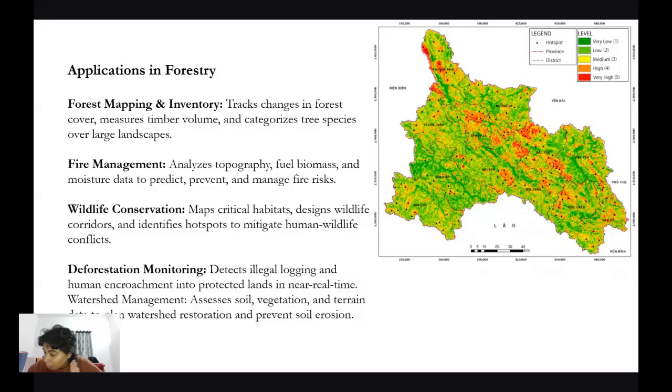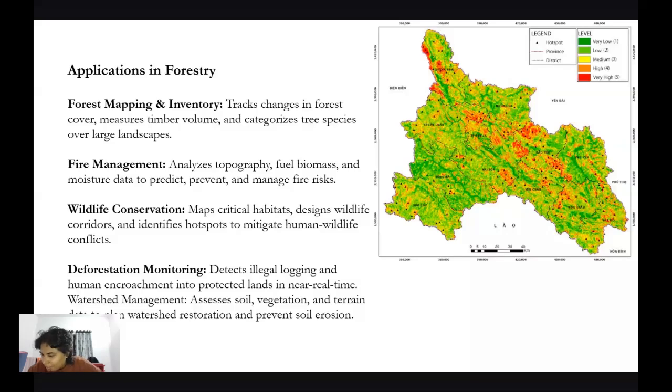So they are not going to the field. They don't require to, because they already have some proxies, some signals that they take from other parameters like moisture content and things like that.